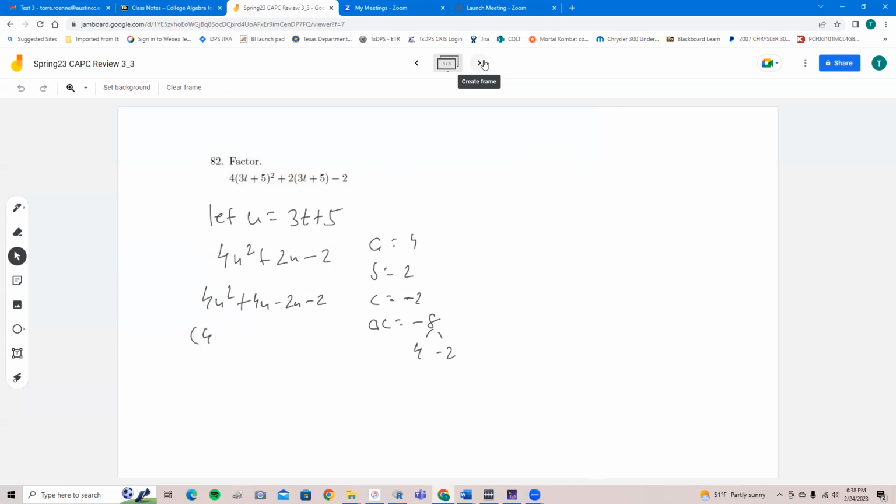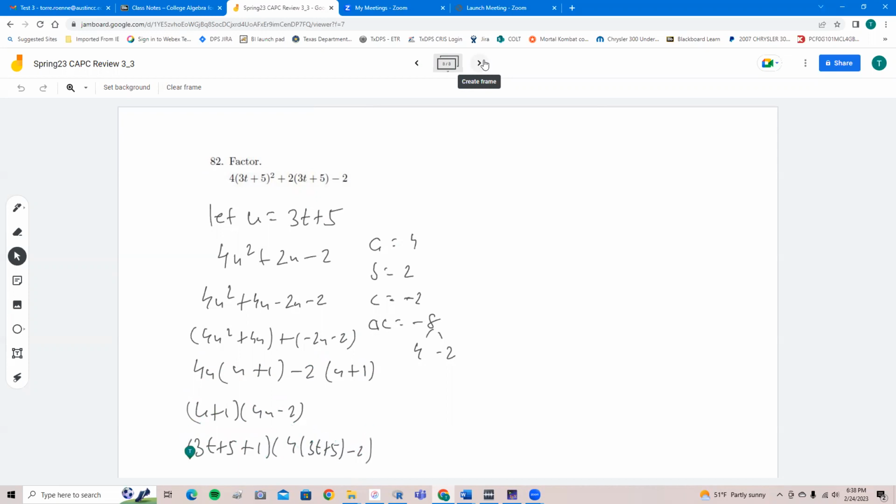Factor by grouping. Pull the 4u out of the first one. That gives me u plus 1. Pull the minus 2 out. That gives me u plus 1 again. Pull the u plus 1 out. U plus 1 times 4u minus 2. And then plug back in 3t plus 5 plus 1, and 4 times 3t plus 5 minus 2.